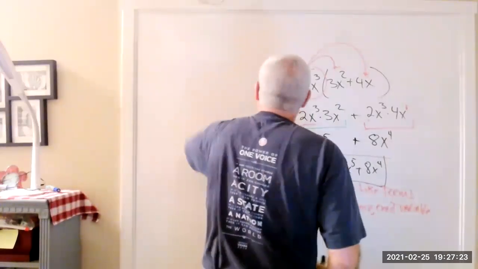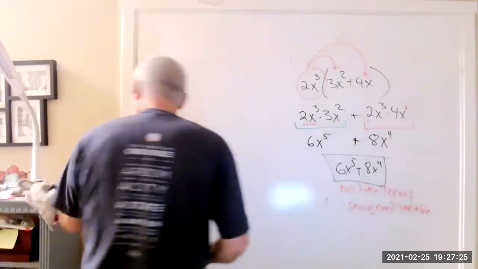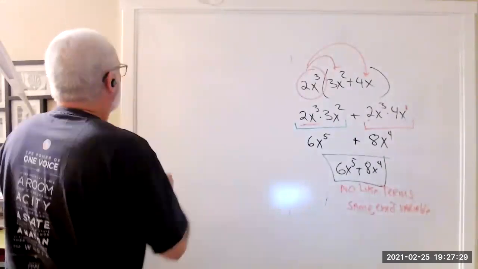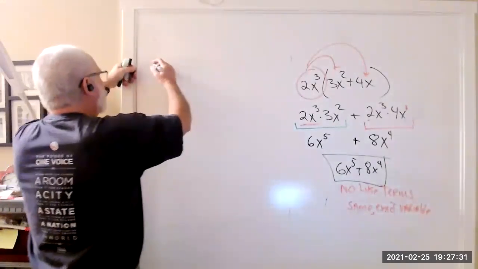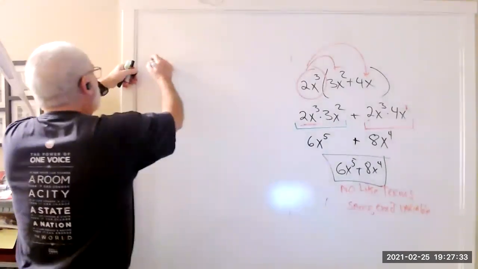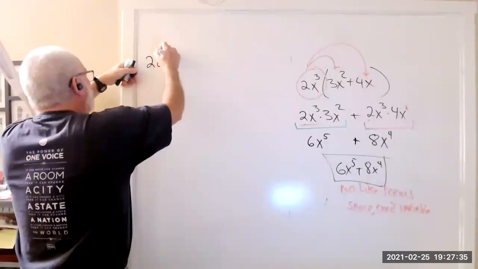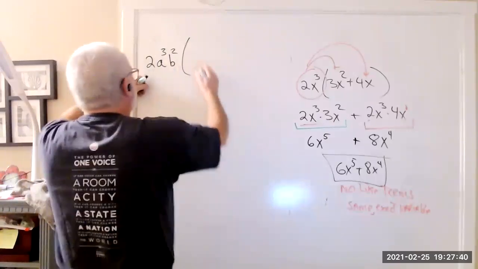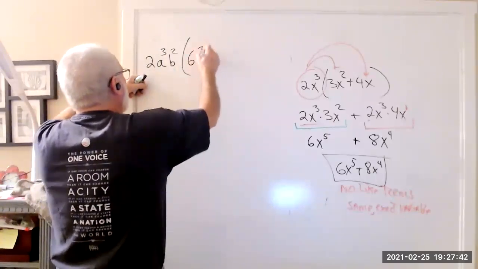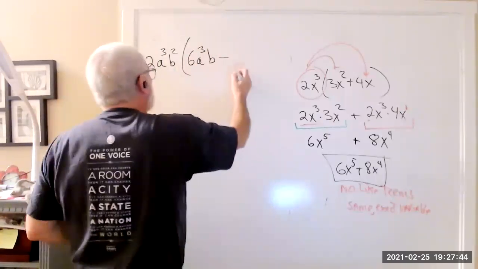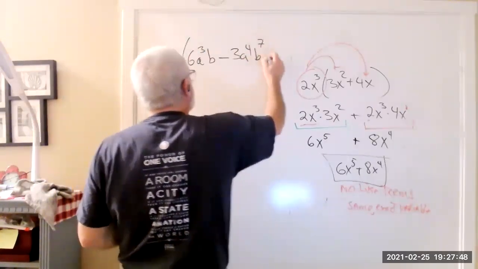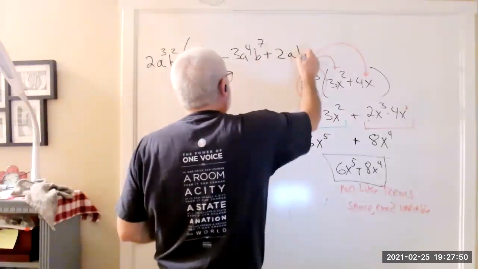For some reason, Mom makes a big deal. 2a cubed b squared times 6a cubed b minus 3a to the 4th b to the 7 plus 2ab.